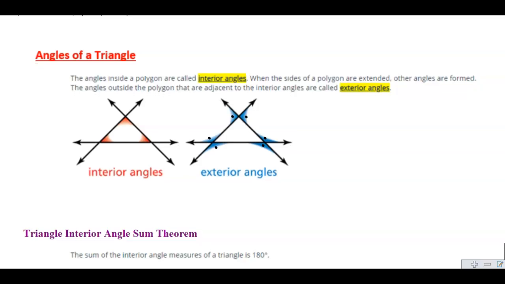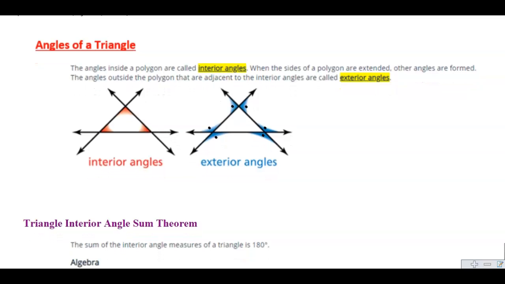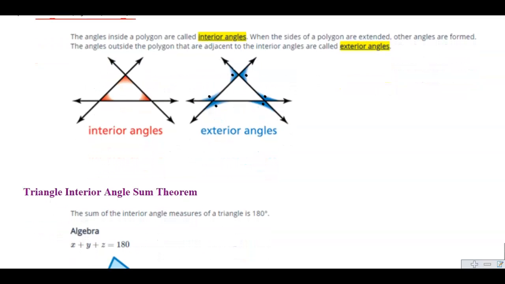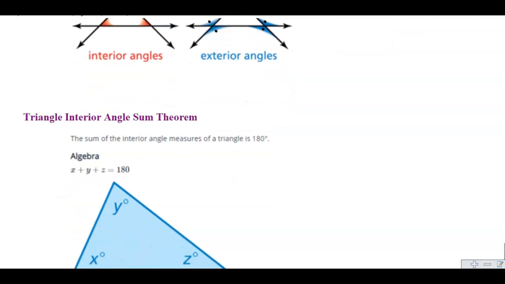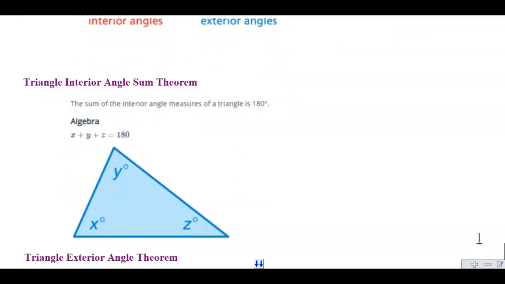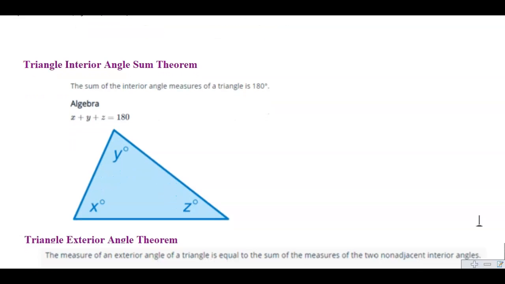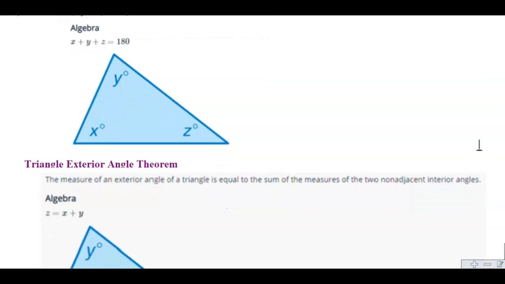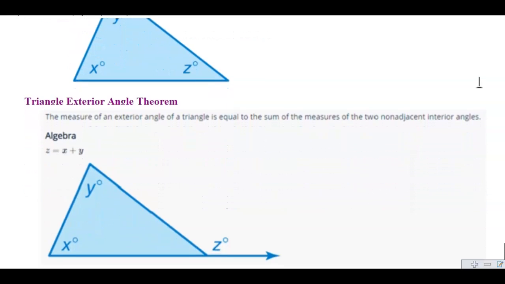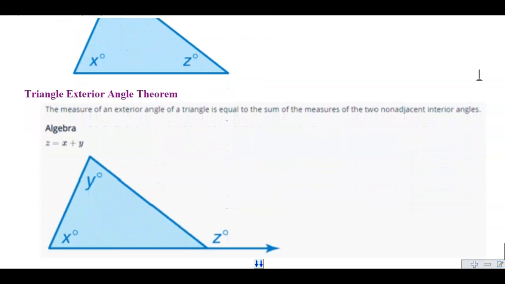You may have already heard of the interior angle sum theorem, which states that all of the angles of any triangle add up to 180 degrees. So let's take a look at the exteriors. The exterior angle theorem states that the exterior angle we are talking about is equal to the sum of the two opposite interior angles, or non-adjacent.